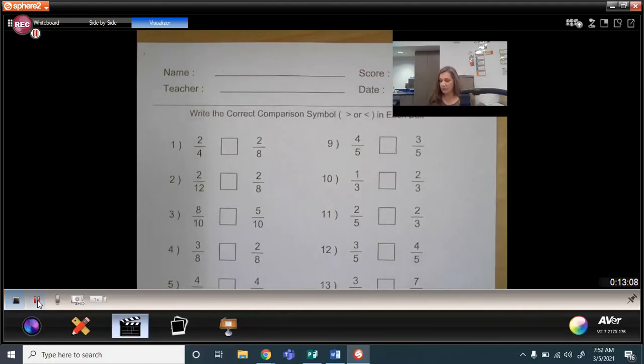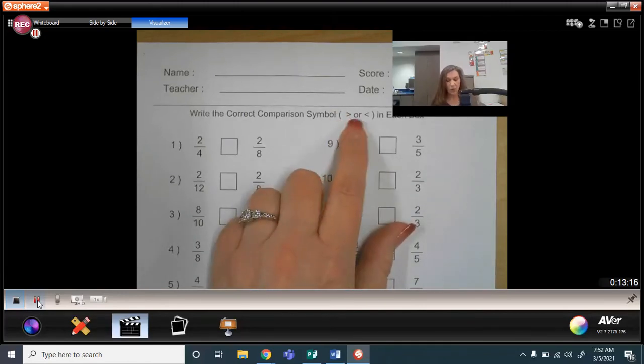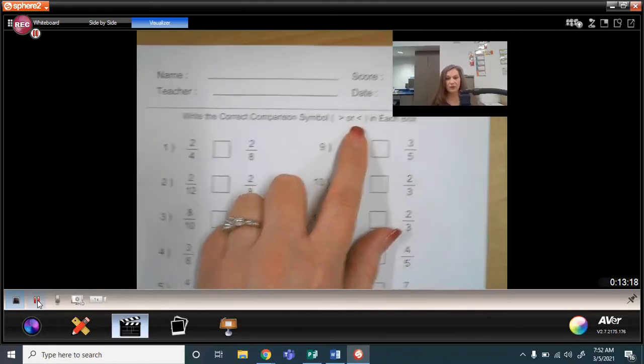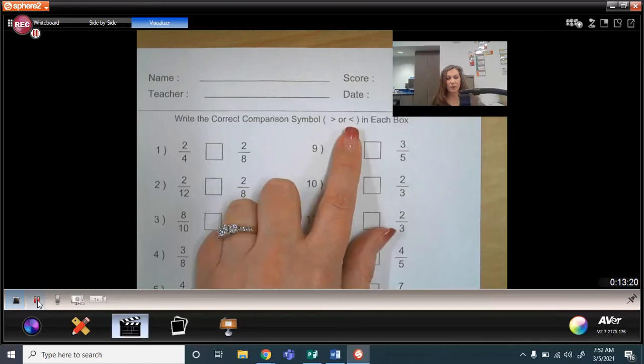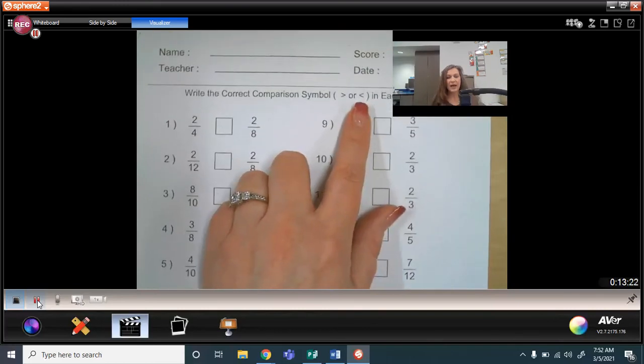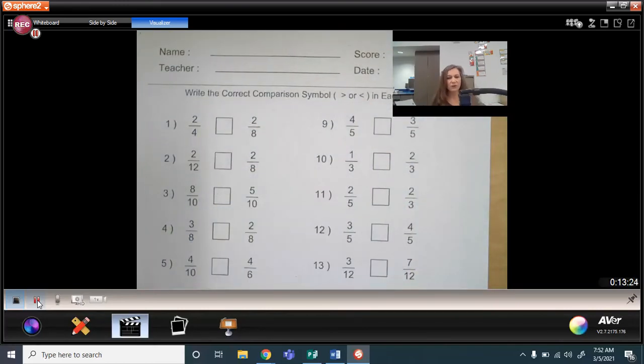If you can't print this, you're going to need a piece of paper to write down the fractions, and then put a greater than or less than symbol to compare them. Again, this handout is not in your pink folder. It is in the Schoology folder, and you have to open it up as a PDF file. You're going to write your answers on a piece of paper.